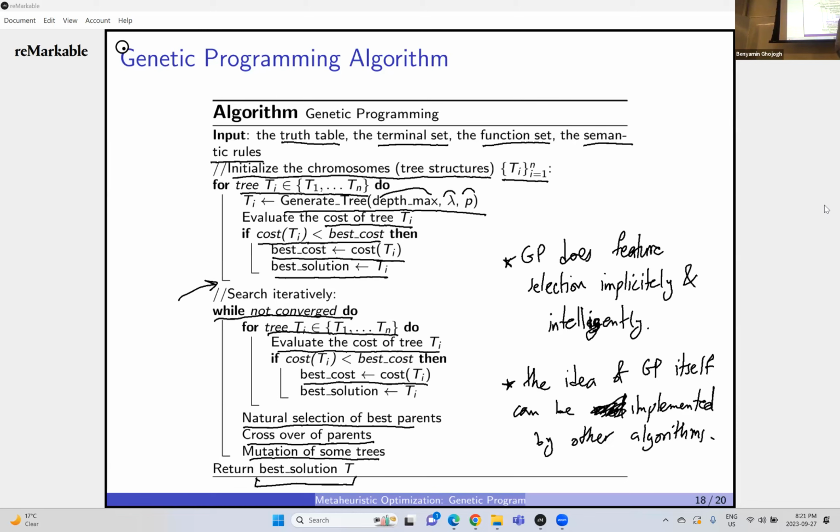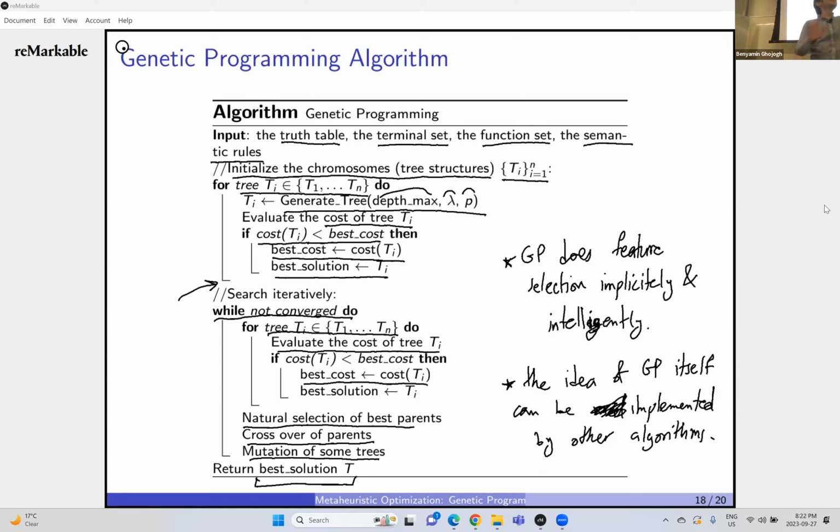The wrapper method, I think, is the first thing which comes to your mind for feature selection. You have some classifier or regressor, and then you have your feature selection as a pre-processing. You can select some features and see the performance of the classifier, so you see which features give you better performance.